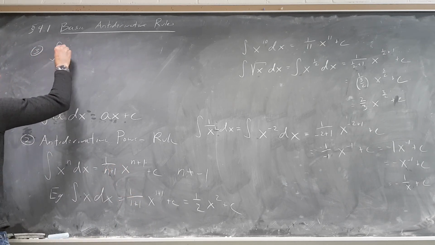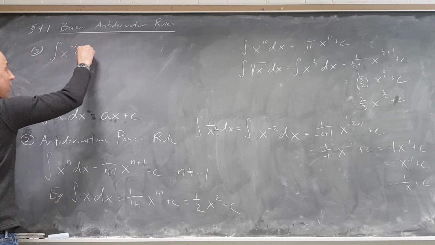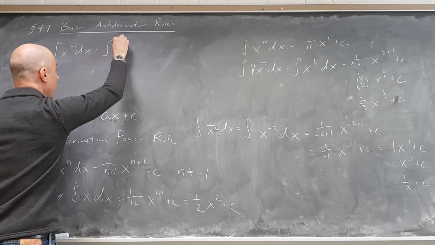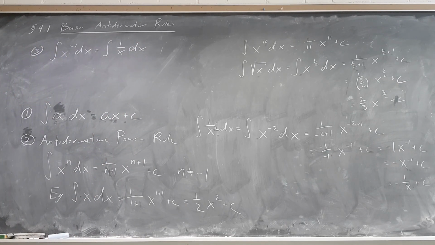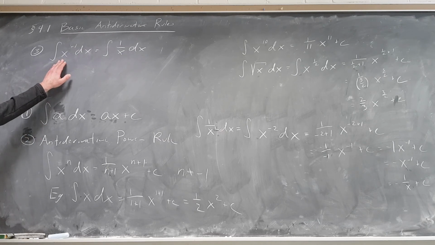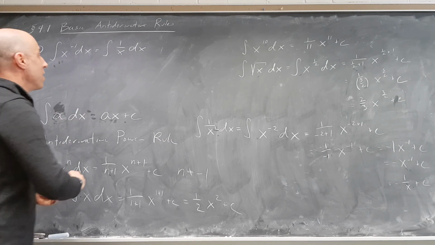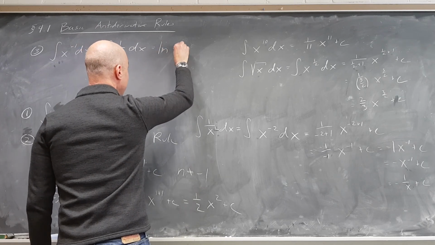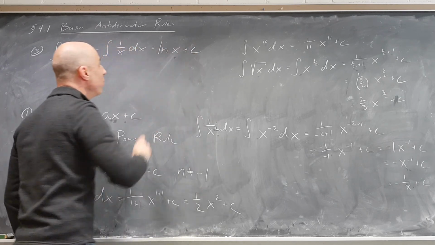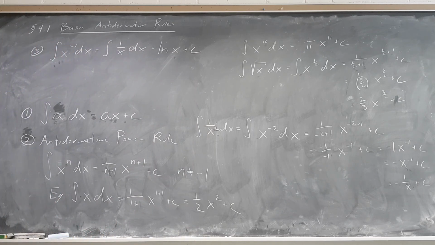So the antiderivative of x to the minus 1, which is the same as the antiderivative of 1 over x, is just the natural log of x plus a constant, which you knew because you know that the derivative of the natural log of x is 1 over x. So you knew that that would be the antiderivative.